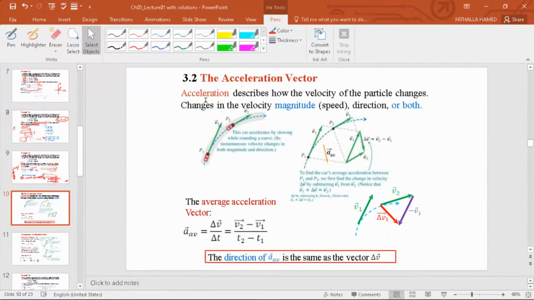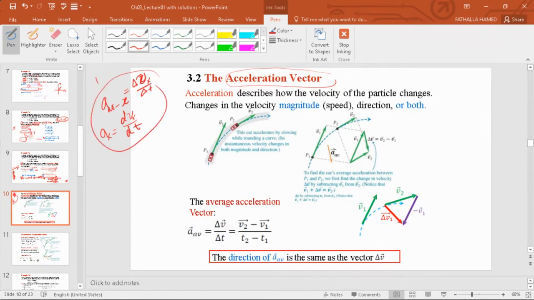Now, the concept that we want to deal with next, which we did in the last lecture, but here we're going to talk about the acceleration vector, instead of acceleration only, because in the last lecture we dealt with ax, and we said that this is equal to delta vx by delta t, and we said this is dvx by dt.